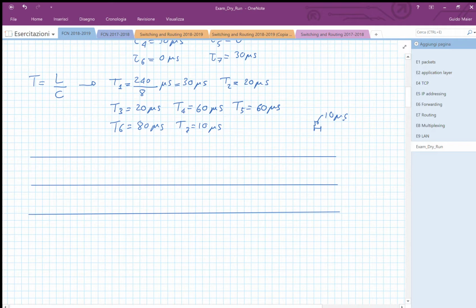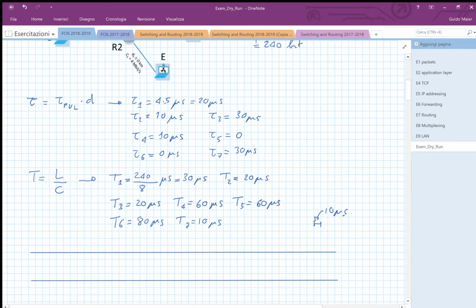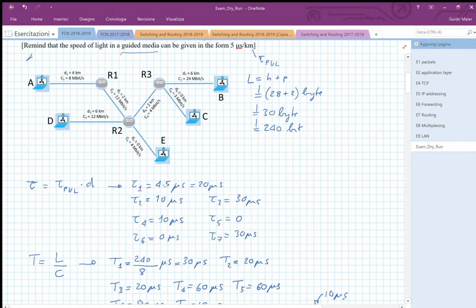Here we have a complexity in terms of the time diagram, because you can see that some packets take a specific route. For instance, packets going from A to B go through R1 and R2 and then R3 and then B. And there is a packet going, for instance, to E, which will travel through A, R1, R2 and E. And so we have to differentiate things.